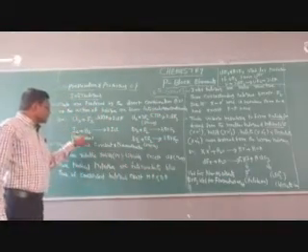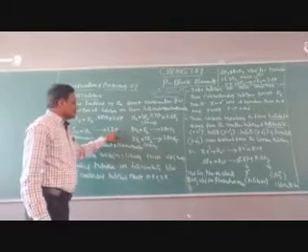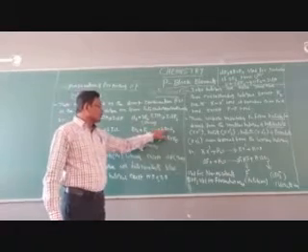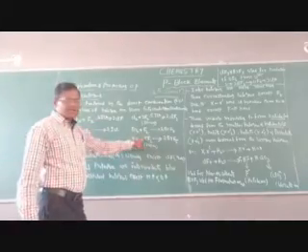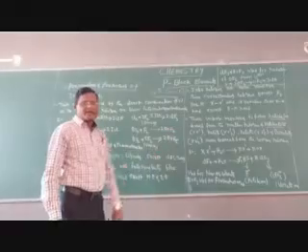Iodine and chlorine in equimolar ratio react to form iodine chloride. Bromine and fluorine react in equimolar ratio to form bromine trifluoride. With excess fluorine, bromine forms bromine pentafluoride.